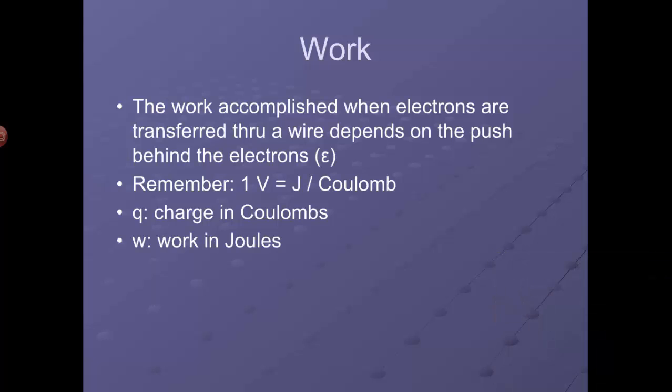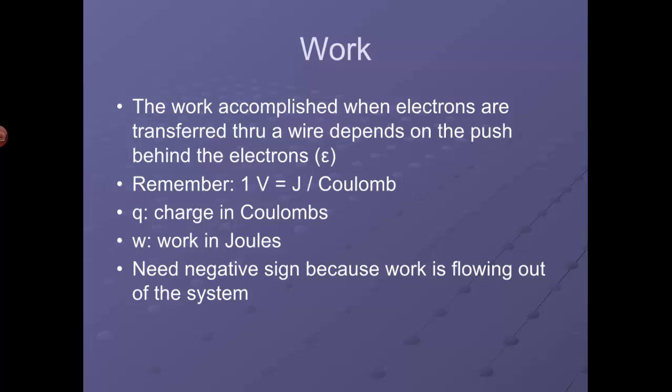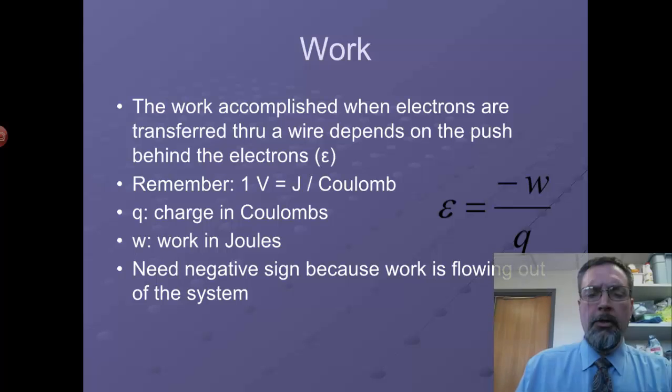Work is in joules, and because the system is producing work, it's doing work on its environment, so W is negative. So the electromotive force, the E cell potential, is equal to negative W over Q. Work in joules divided by charge in coulombs, which is what volts are. That's how this relationship works.